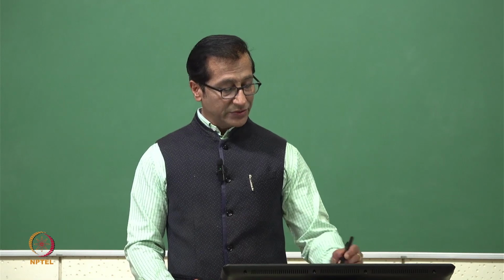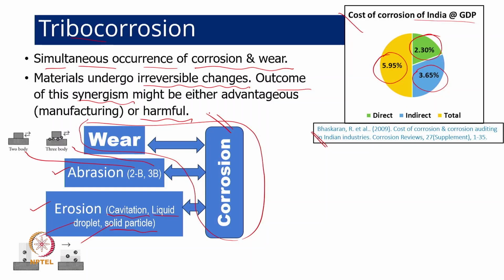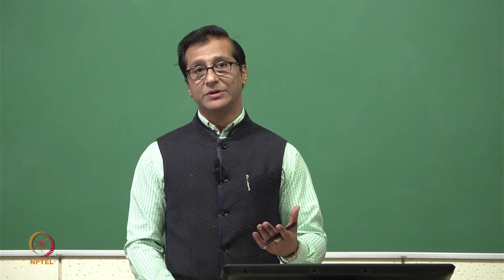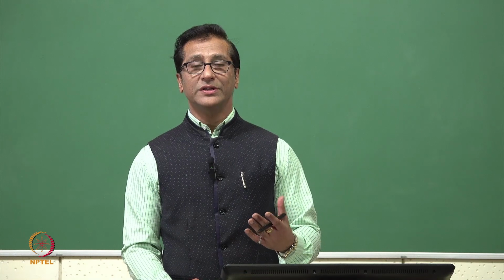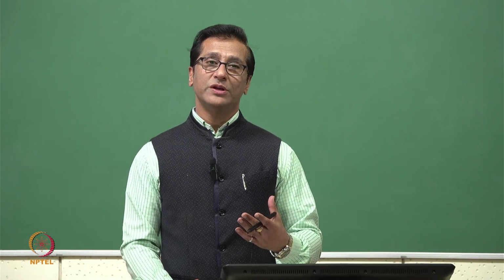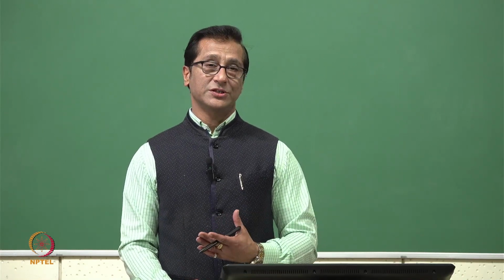Now what does corrosion do? Corrosion really converts a ductile material to a brittle material and creates a little more porosity, and in that situation wear is much easier, or removal of material from the surface is much easier.